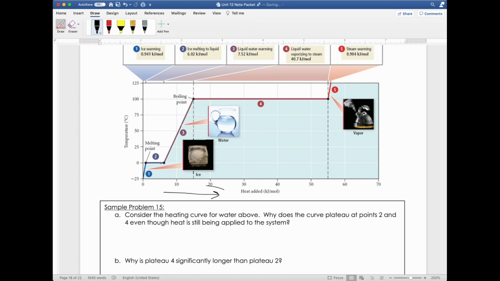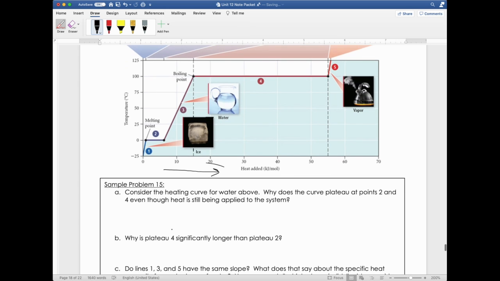So it's plateauing at points 2 and 4. And why does that happen? The reason is that energy is not going towards raising the temperature. That heat is going towards breaking some of those intermolecular forces to go through that phase change.